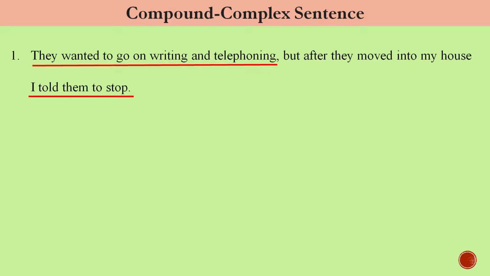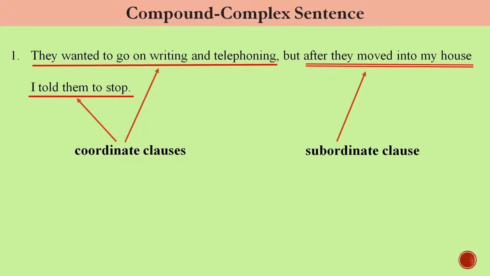So we have two independent clauses. That means it's a compound. But still, we have another subordinate one, that is, after they moved into my house. So it has two independent clauses, or coordinating clauses, along with a subordinate clause. So this is what we call a compound complex sentence.